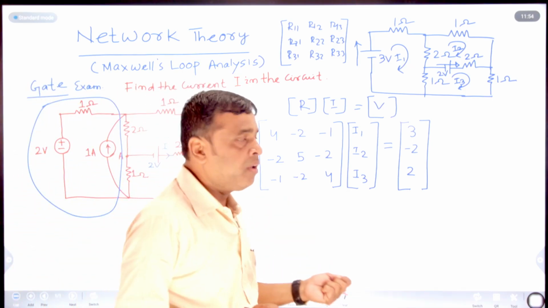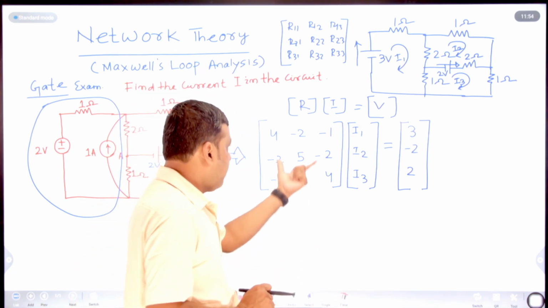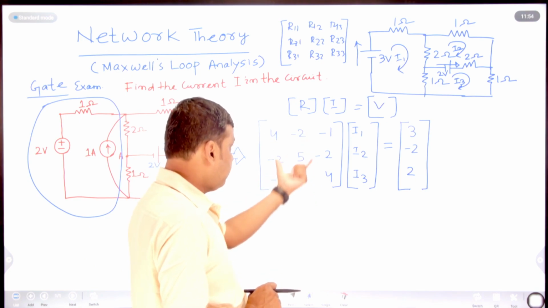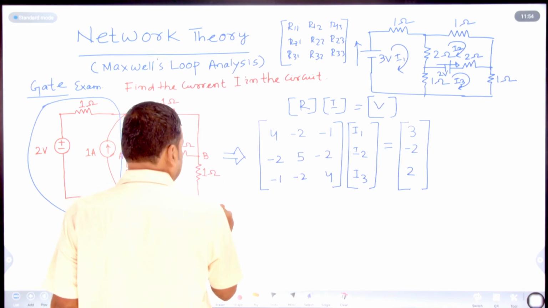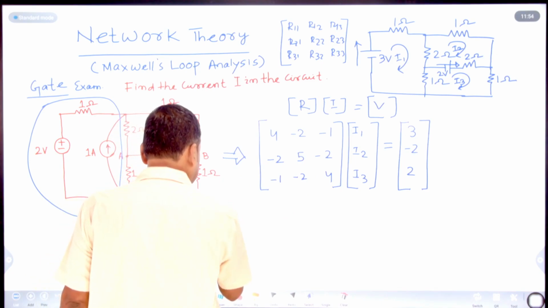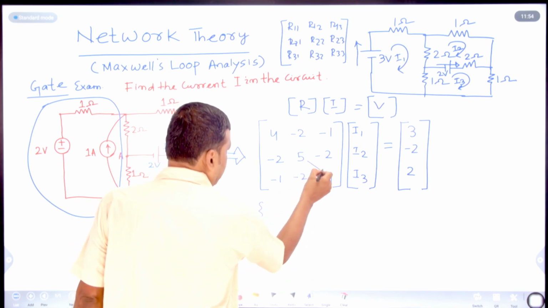So how will you find I1, I2, I3? By using Cramer's rule. First of all, find the value of this resistance matrix determinant. As the usual method, R is how much? Multiply 4 into this, this into this.